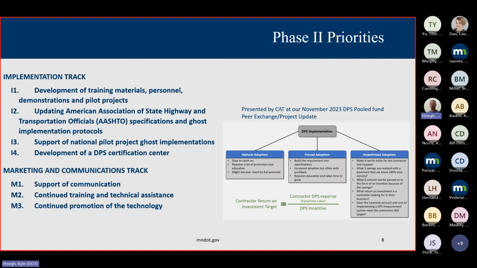Instead of a forced adoption or just a natural adoption, just hope it works, we need to create a situation where it's incentivized so the contractors can make money off of it. And then, of course, as an agency, we want to get longer lasting pavements because of it. And I think some of the data you'll see today should probably convince you that that's the direction we're going with this.